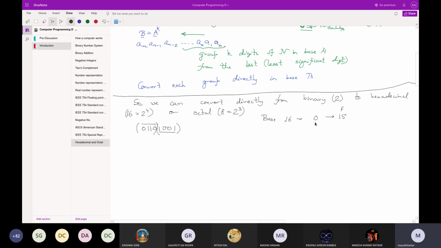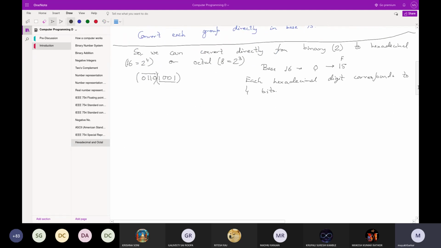0 to 15, and each hexadecimal digit corresponds to 4 binary digits, or in fact 4 bits. Let me show the correspondence.